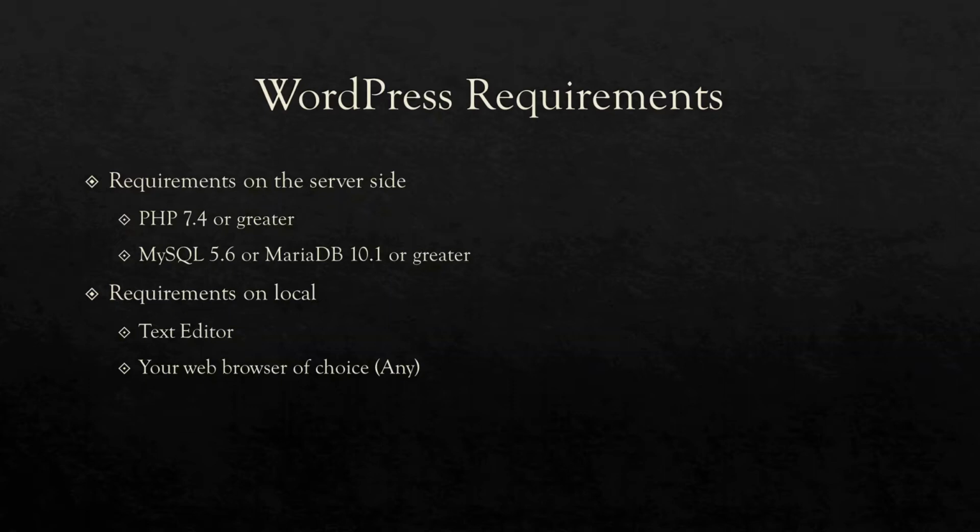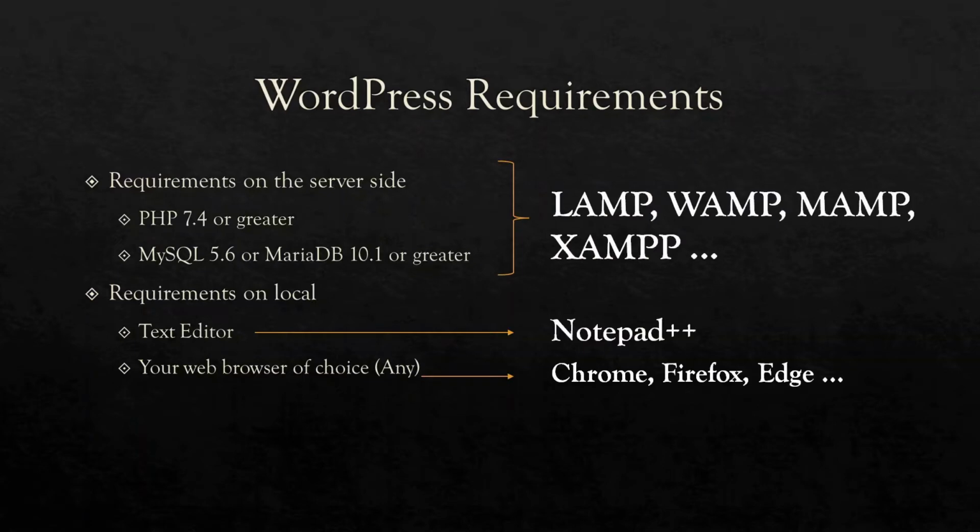Now I will be showing you the possible software available to install WordPress. The first thing is that if you have a Linux based computer, you can go for the LAMP server. What is LAMP actually?